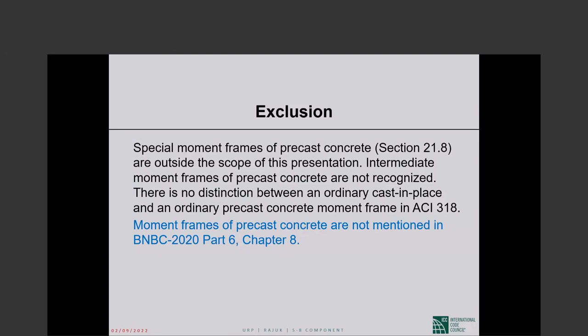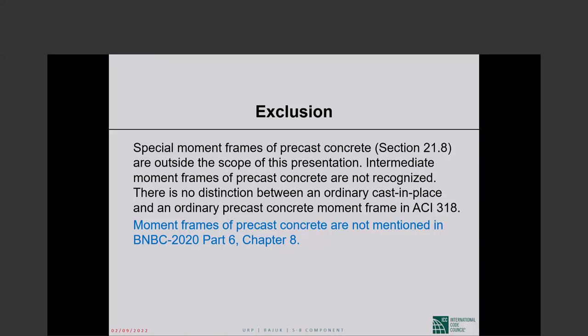Intermediate moment frames of precast concrete are not recognized by 318. It simply doesn't exist until now. Okay, so there is ordinary and there is special. There is no distinction between an ordinary cast in place and an ordinary precast concrete moment frame in ACI 318.